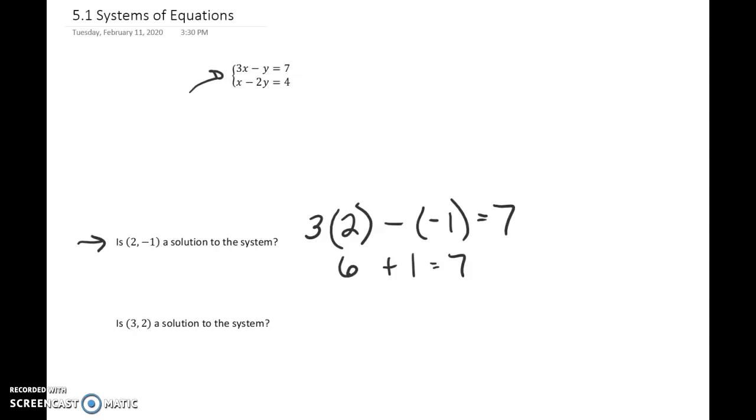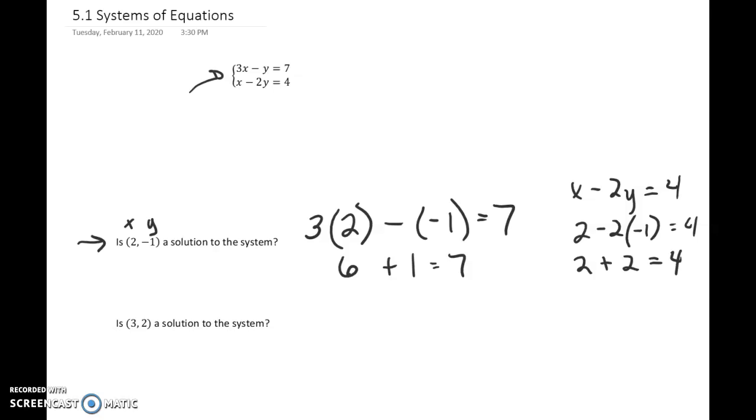So same point, 2, -1, this is our x, this is our y, but we're going to plug it into the bottom equation this time. So we have x minus 2y equals 4. That's the equation. And we're going to put in 2 for x and -1 for y. And if that equals 4, then that'll tell us something. So we get 2 plus 2, which equals 4.